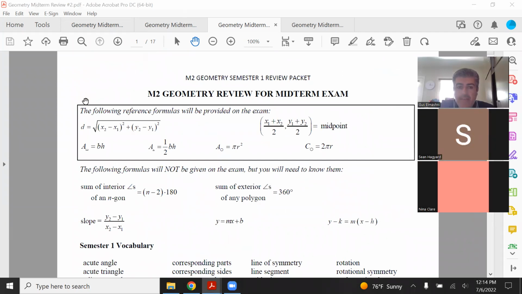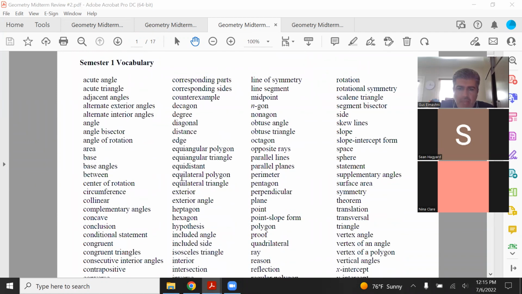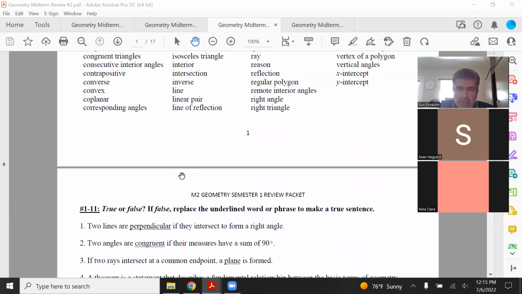You can see they have the distance and midpoint formulas, the area of a rectangle, triangle, circle, circumference of a circle, slope, the equation of lines. We haven't used these formulas, don't worry about those. Just some vocabulary, just to make sure you know what those words mean.